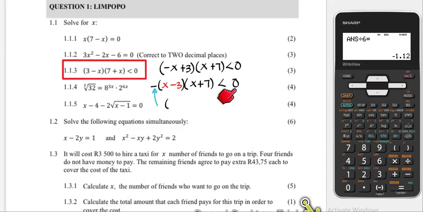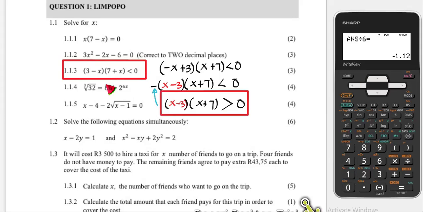You're having x minus 3, and then the other one, you've got x plus 7. The inequality sign, I told you, it changes direction when you divide or multiply by a negative. I said it in those videos, if you can go back and recall. We good, right?